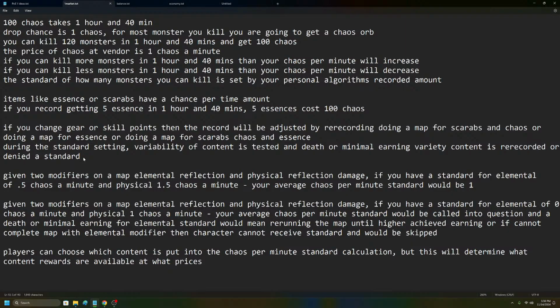And the way that they're more expensive is because the drop chance has changed accordingly to the Chaos Orb standard. And what I mean by that isn't that the resonators are going to drop more often or less often.